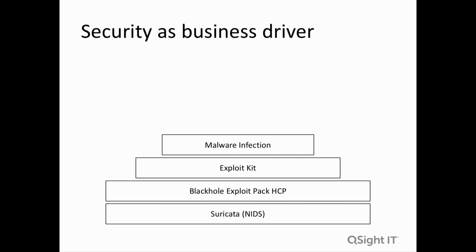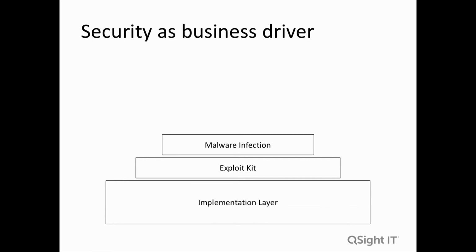And therefore we said we have an implementation layer for the sensors and the signatures. So that's really the technical implementation. How does it work? Based on either these Suricata signatures or your own set of signatures you can write yourself based on whatever policy or whatever threat you want to investigate.